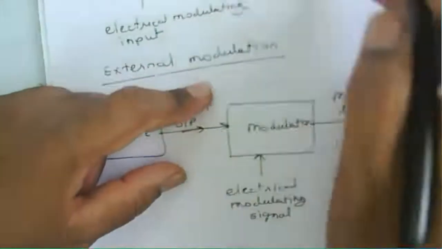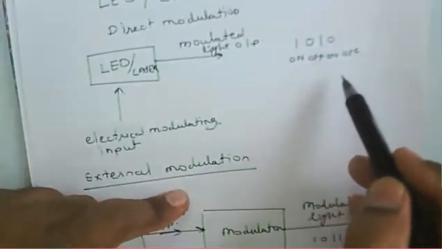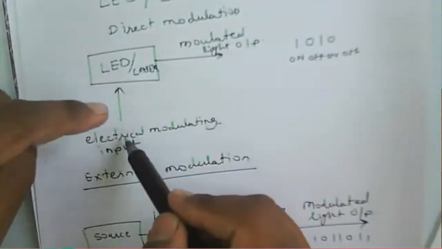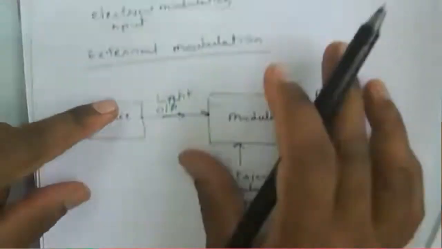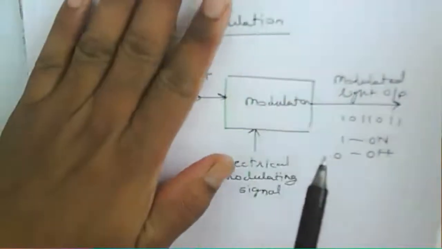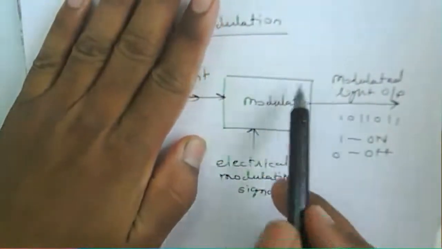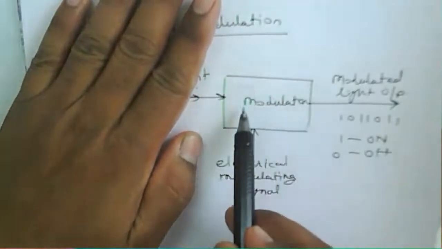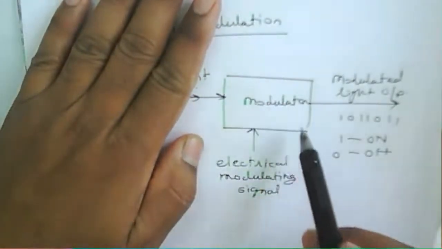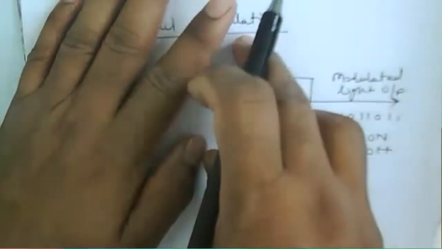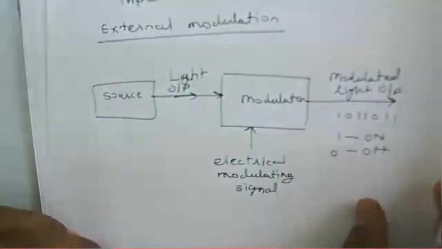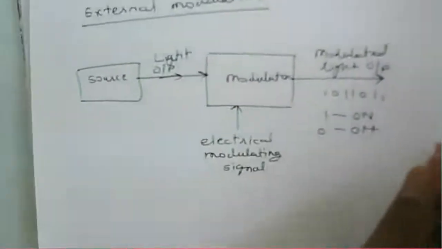It is similar to direct modulation. But in direct modulation, the electrical signal is directly converted to light, and here light is the input. Here we require an external modulating circuit or modulating device. So it will convert that electrical signal into light there. So that is called an external modulator. So that is about the modulation of a light emitting diode.